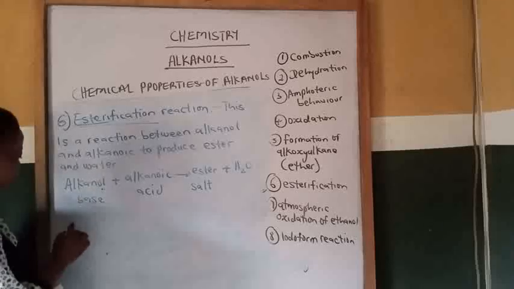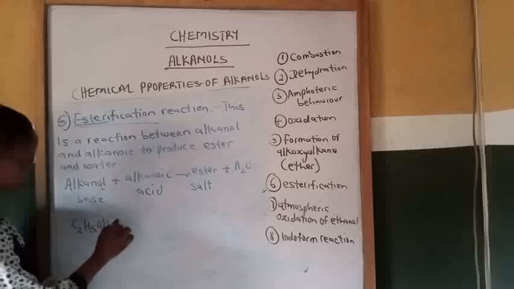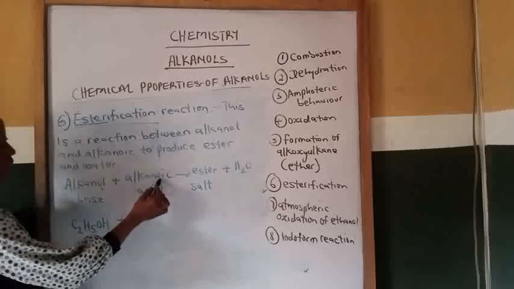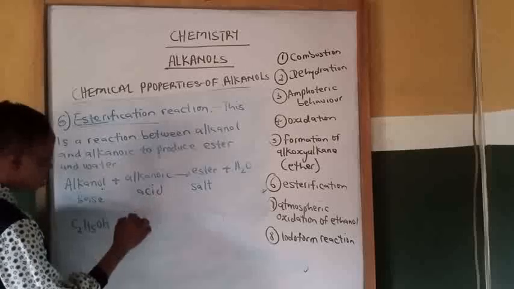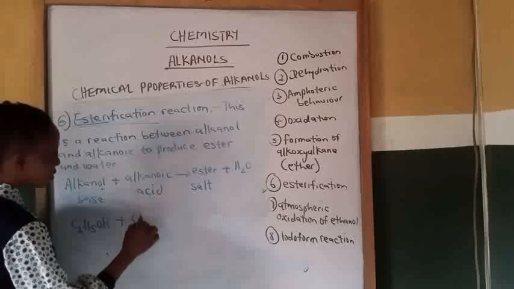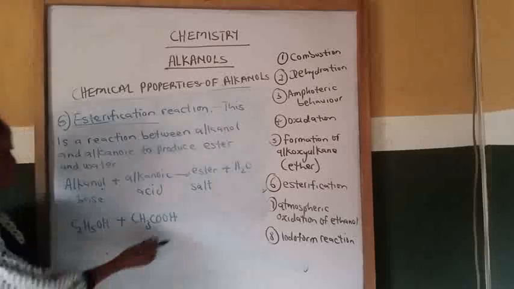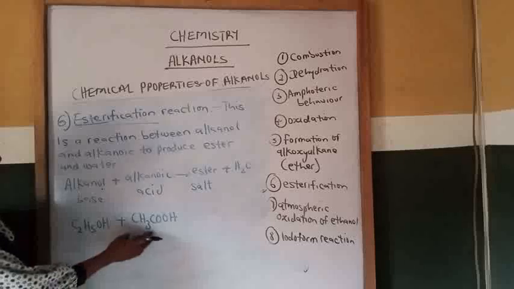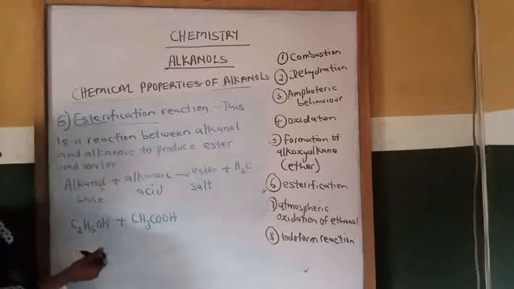An example of alkanol is ethanol, C2H5OH, plus an alkanoic. Let me use ethanoic, CH3COOH. CH3COOH is an ethanoic acid, while C2H5OH is an alkanol.